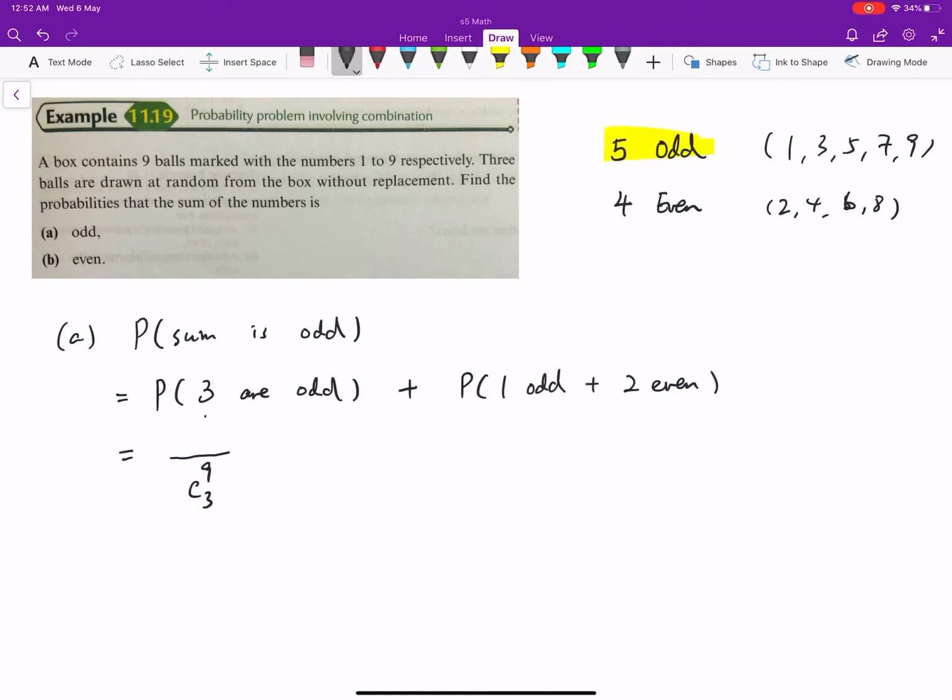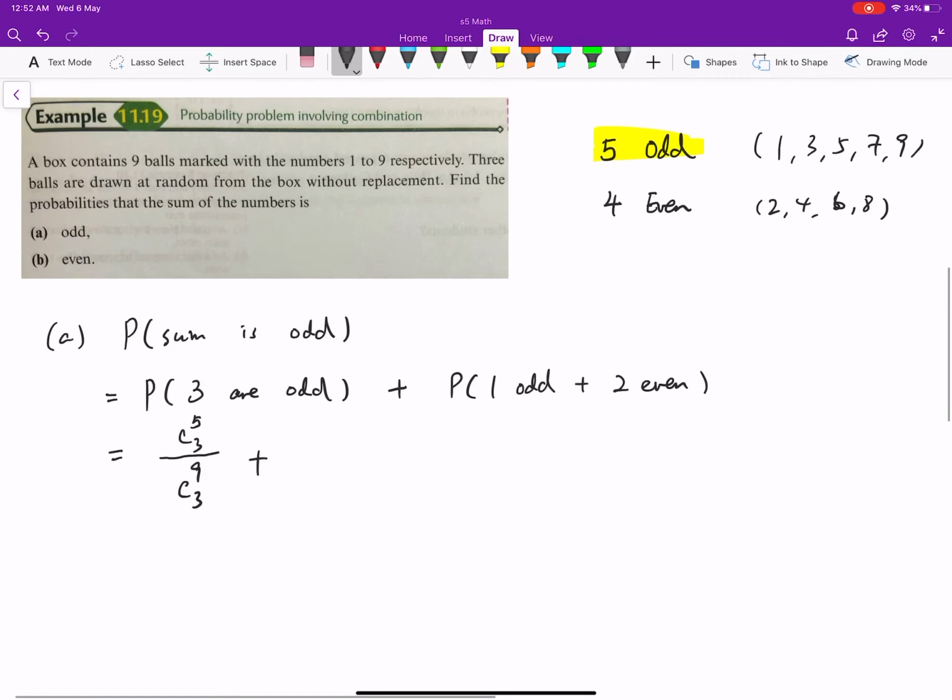So you get 5C3. Get it? Again, for the second one, we still have 9C3. 1 odd number from 5, so 5C1. And then 2 even numbers from 4, so we get 4C2. Okay? So finally, we will get 10/21.